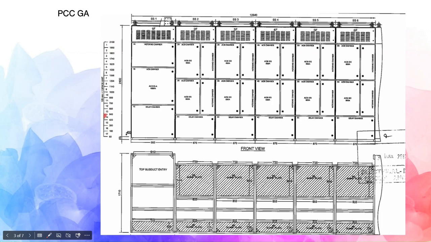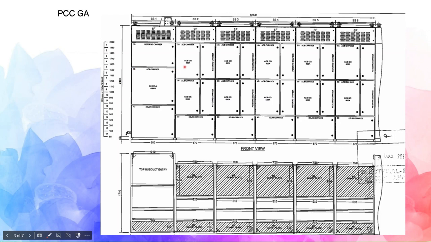Even though different manufacturers have their own way to calculate the size, manufacturers like Siemens, this is not a Siemens drawing though, but I'm just telling out of my experience, we can standardize the sizes for calculating how many feeders are required, how many verticals are required, and how many feeders are to be accommodated in a particular vertical.